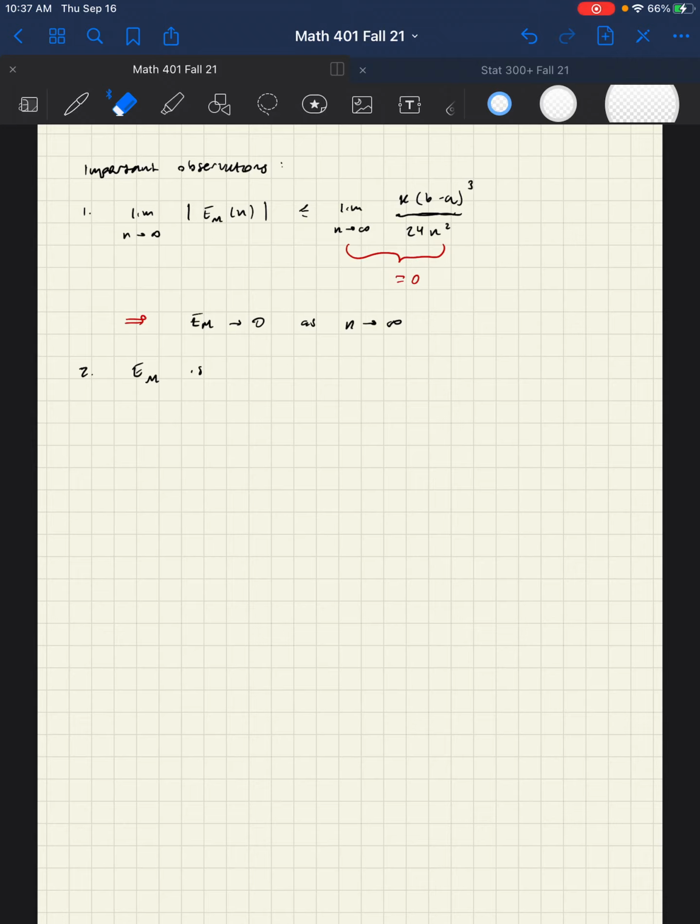It's kind of a curly O. I'll just write it like this: big O of n squared. So it's dominated by n squared.